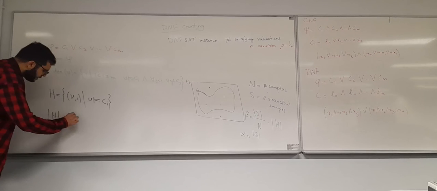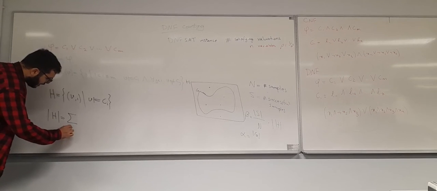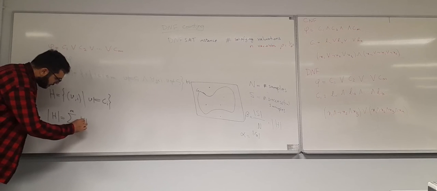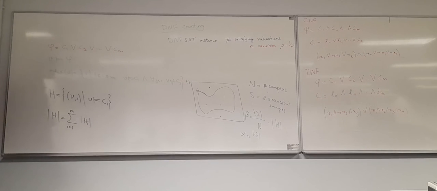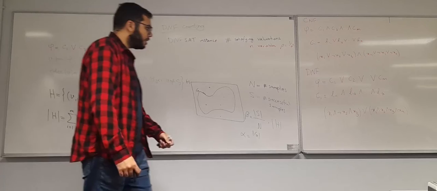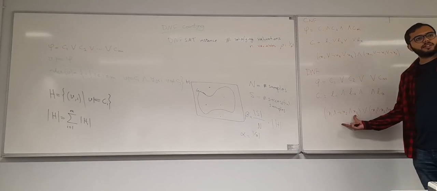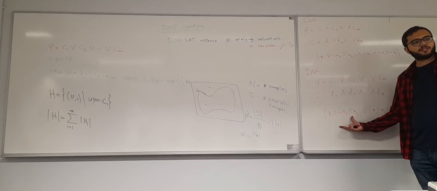So this is just the sum of i from 1 to m. Let's call it Hi. So let's say Hi is the set of valuations that satisfy Ci. But how many valuations like that do I have? So if I just have a clause, how many valuations are there that satisfy this clause?